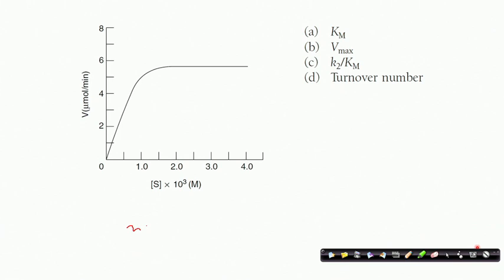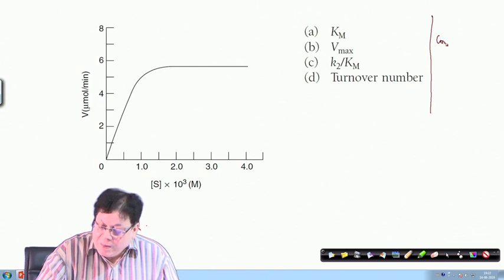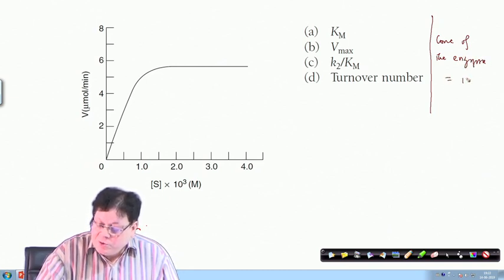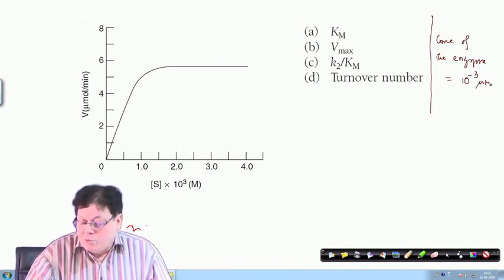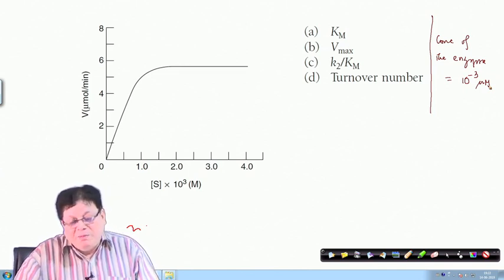Now, here I give one more data that is missing here: the concentration of the enzyme in this experiment is supposed to be 10 to the power minus 3 micromolar. That is needed to calculate some of these parameters.